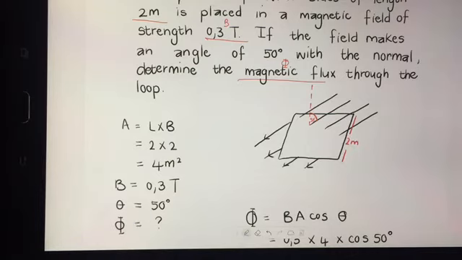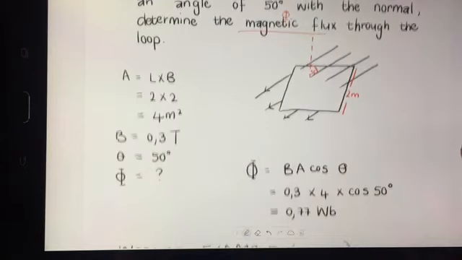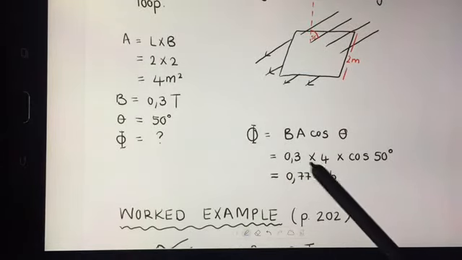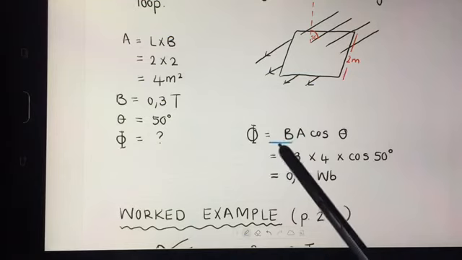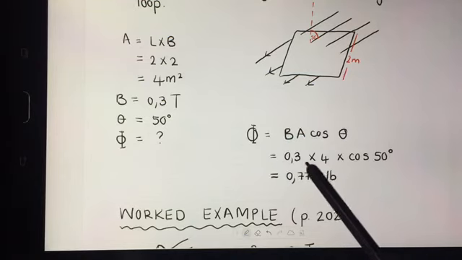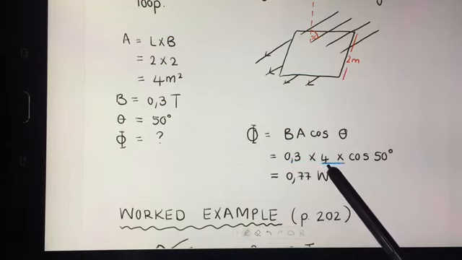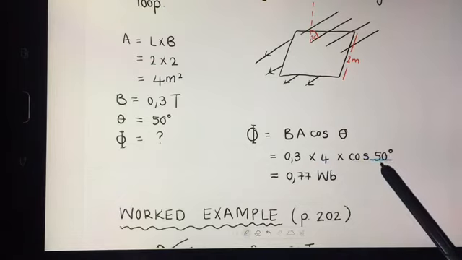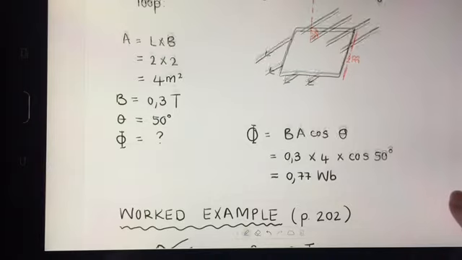So theta is going to be 50 degrees, and we want to calculate the magnetic flux. So once again, flux is equal to BA cos theta, 0,3 times the area 4 times cos 50, and 0,77 Weber is the answer.